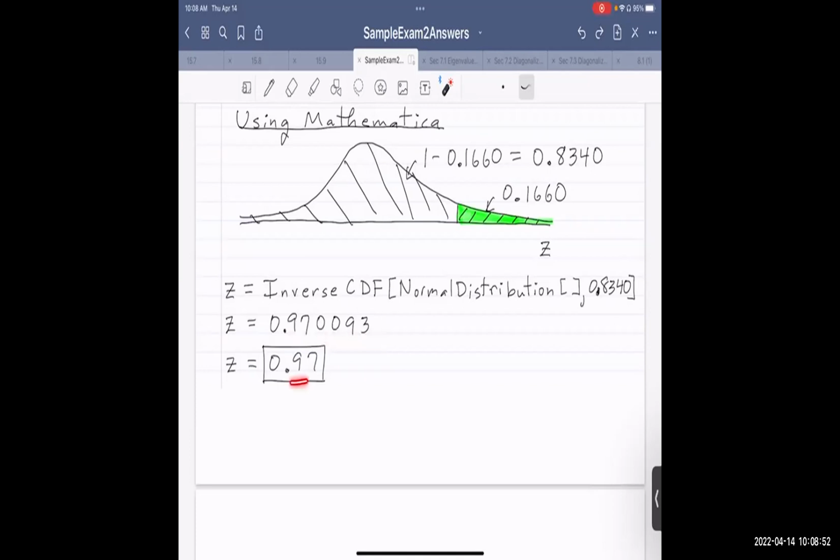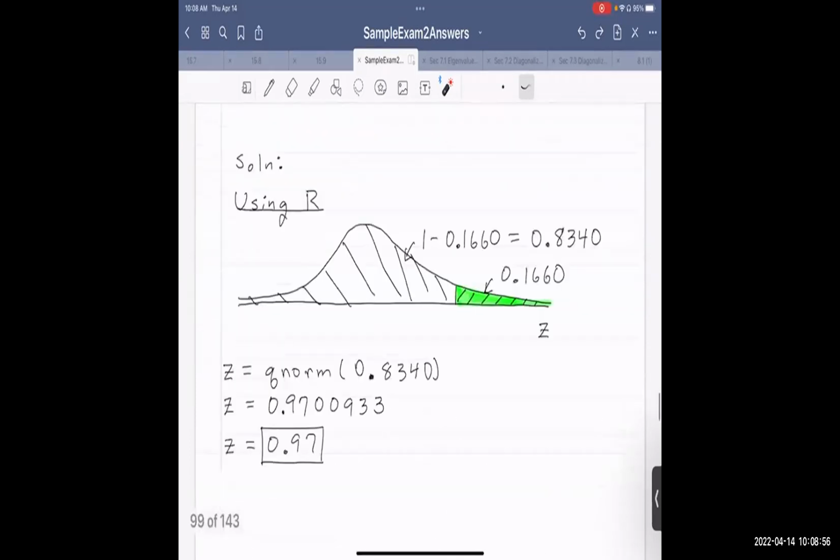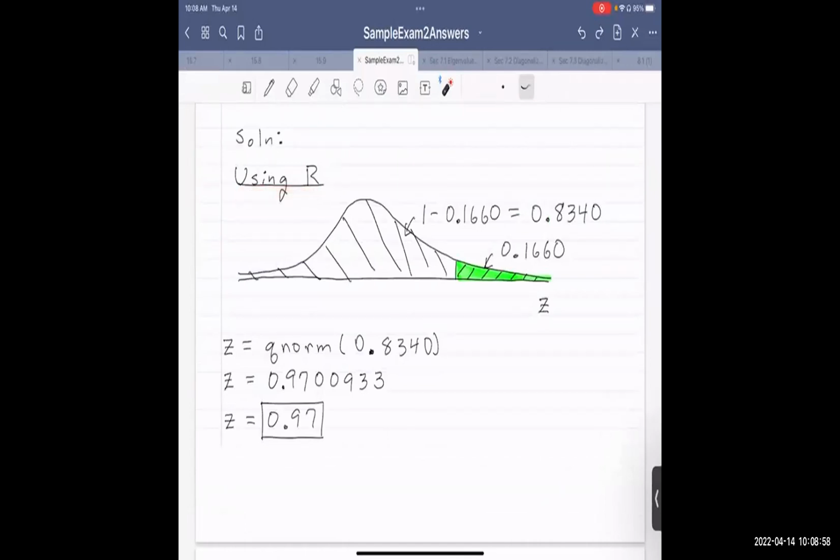Rounding to the nearest hundredth, 0.97. We could also use R to do this, so let me graph the normal distribution.